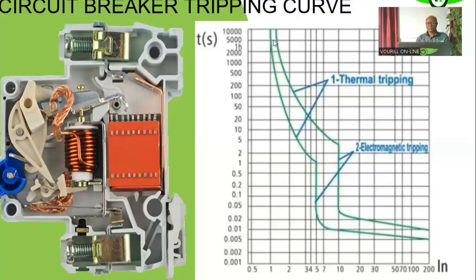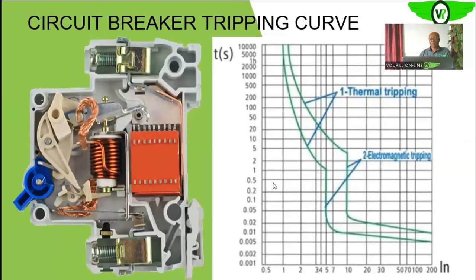So let us try to appreciate what we are seeing in the tripping curve of your circuit breaker. Remember, in the last section, we discussed the tripping mechanism of your circuit breaker. We talked about the part that takes care of the overload fault condition of your circuitry, which is the bimetallic strip, the heating element of your circuit breaker.